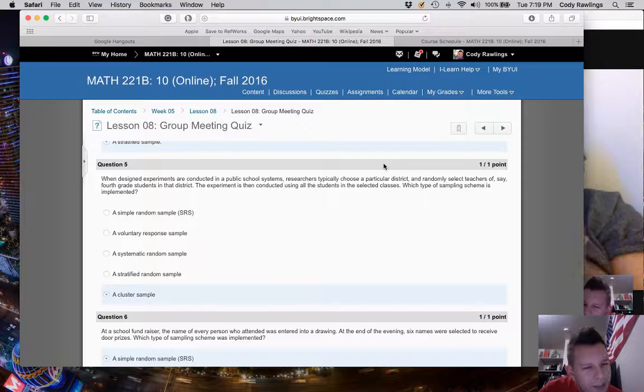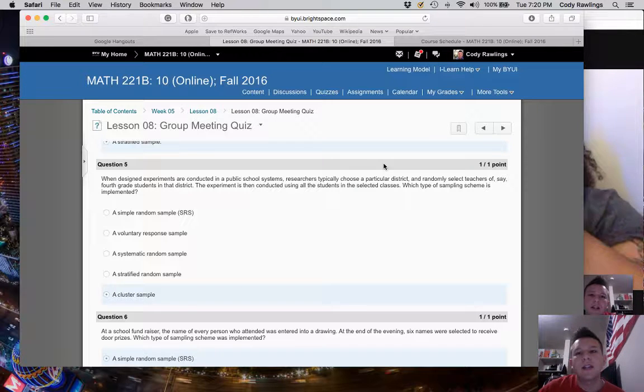If it's stratified, it's pretty much the same way, but instead they'll pick the entire group and test the entire group.